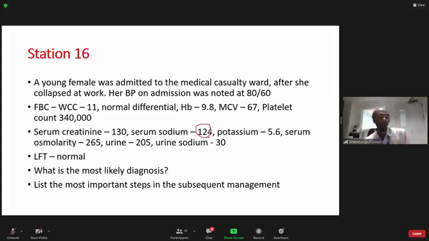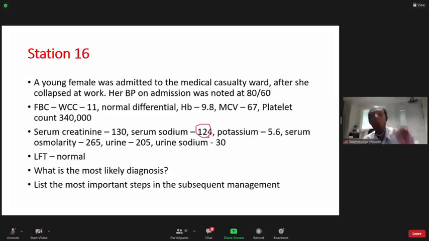SIADH is one. Second one is Addison's disease. Addison's can also cause hypovolemic hyponatremia, but euvolemic also. So euvolemic hyponatremia: SIADH, Addison's disease, and hypothyroidism. So those are the 3 important causes.